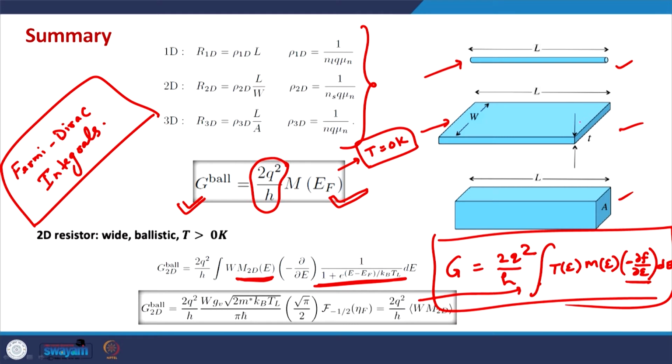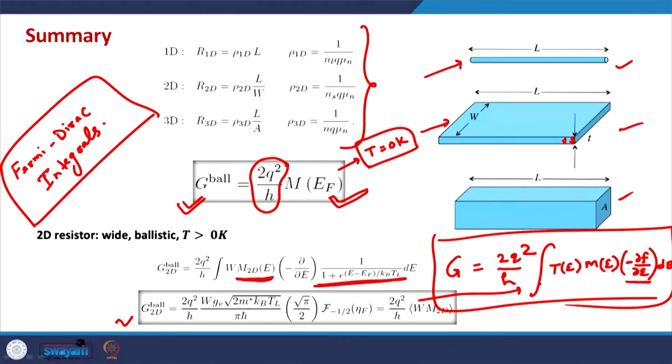A 2D conductor has a finite thickness T, which leads to quantum confinement in this direction, and a 1D conductor has confinement in the two directions apart from the long dimension. In those two other dimensions there will be electron confinement, which we also need to take into account while doing the final calculation for practical conductors.